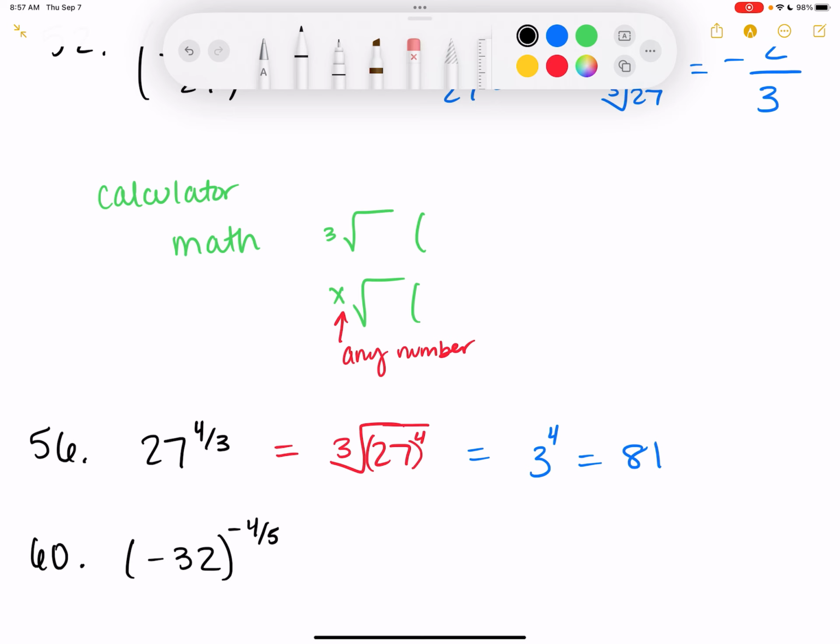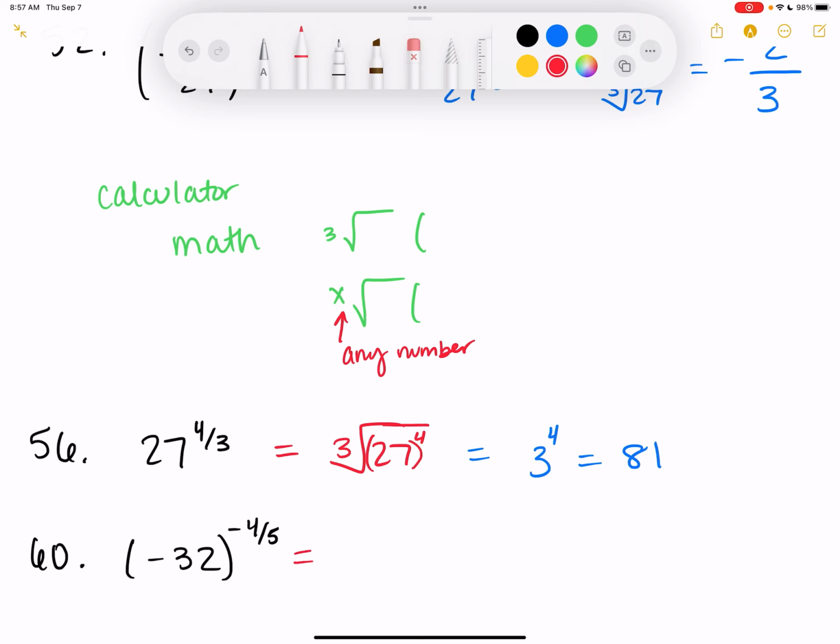So initial reaction here might be to go ahead and move it to the bottom so that you have a positive exponent, and you can do that if you want, or we can take the 5th root first and leave the negative exponent, and then we can move it after we've simplified it down a little bit. That's what I personally usually do, but again, it'll give you the same thing either way.